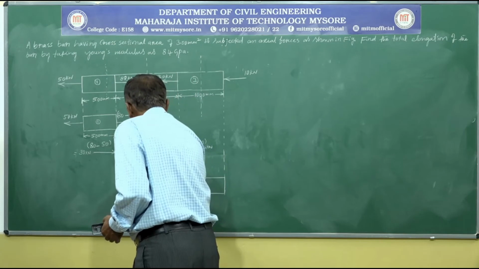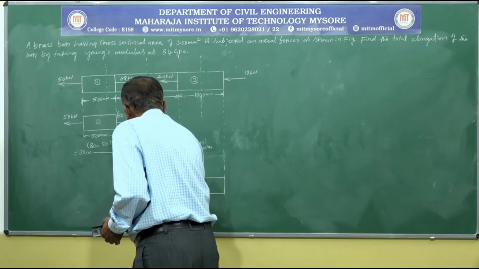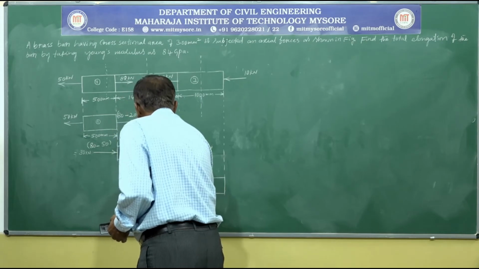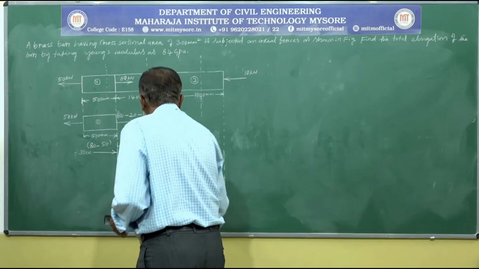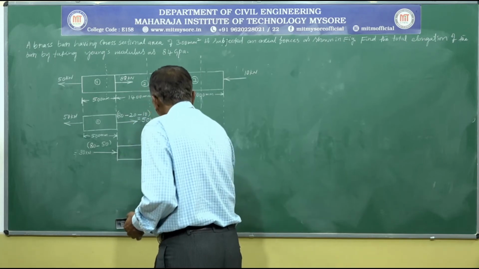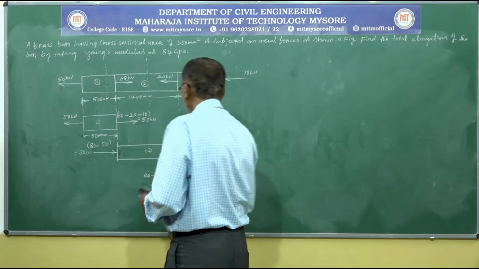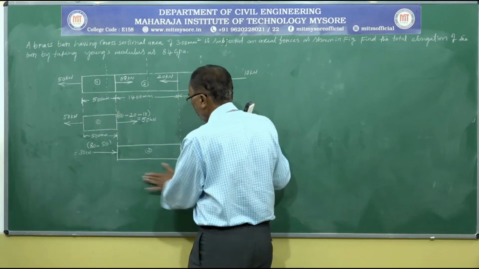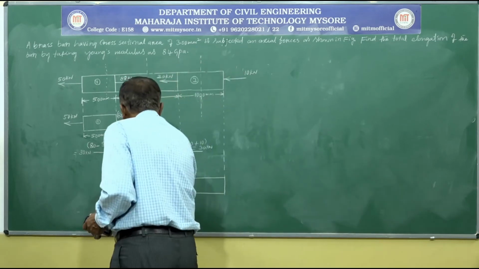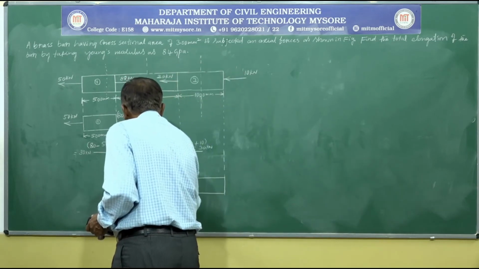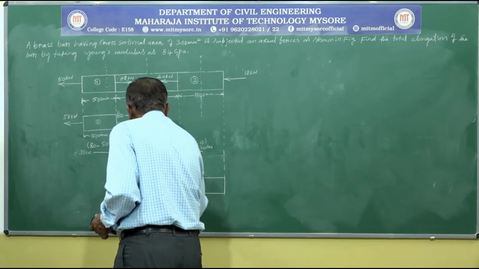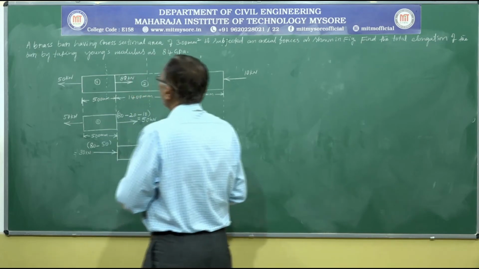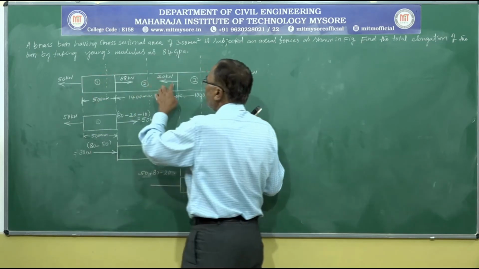First it is 80, next minus 50, minus 20, because when we consider the rightward as positive, automatically left will be negative. You can even consider it like this also, one by one, to avoid confusion: 80 minus 50 minus 20.